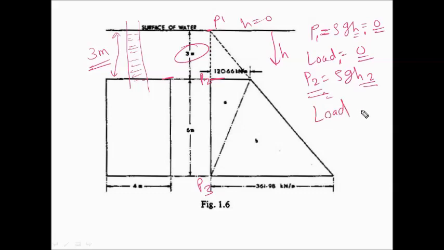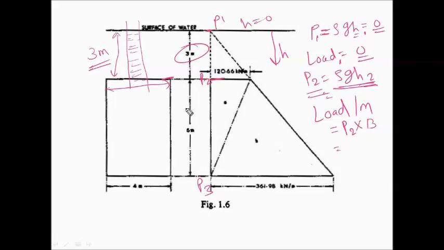Then you will calculate the load per meter depth. So this pressure multiplied by the width of the bulkhead, which is 4 meter, so load per meter depth is equal to P2, pressure at that location, multiplied by the width at that location.